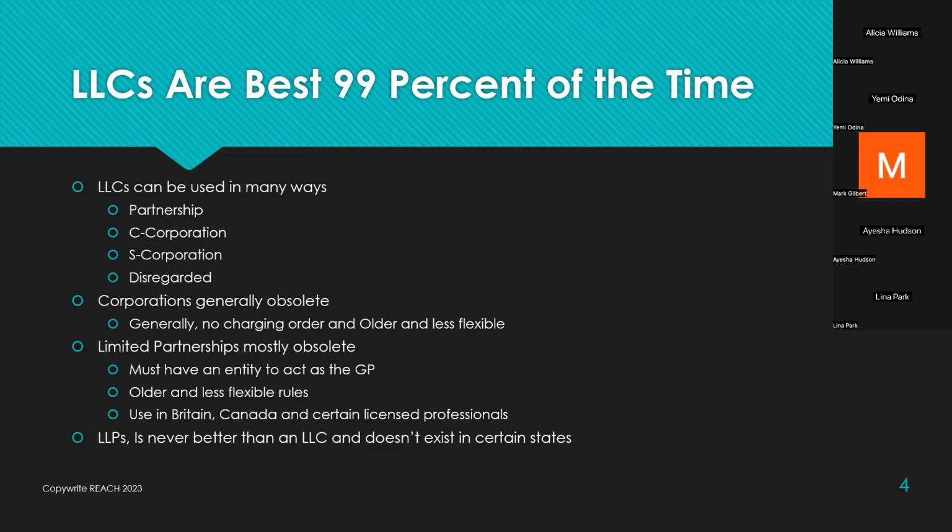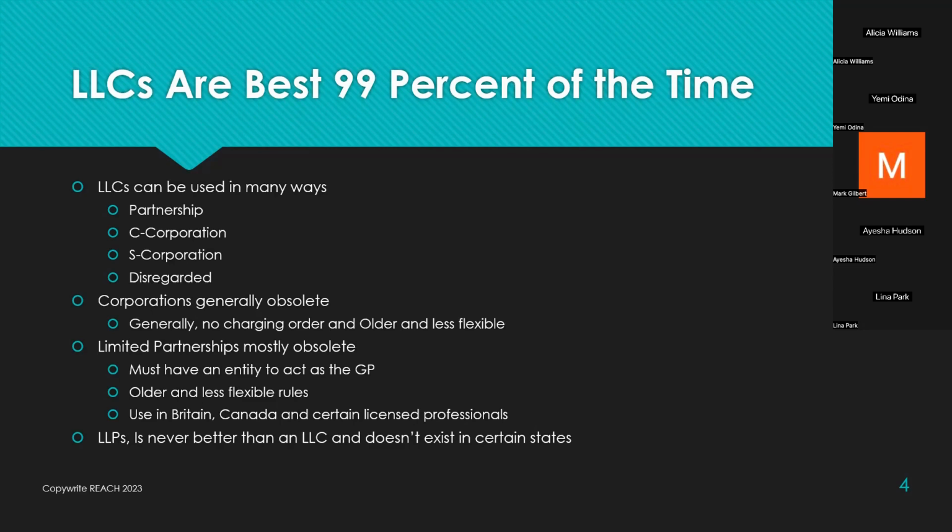They're also older and less flexible. I know a lot of people, in fact, one of my partners works out of basically a corporation, which causes her some headaches sometimes. Limited partnerships, that's another entity structure.